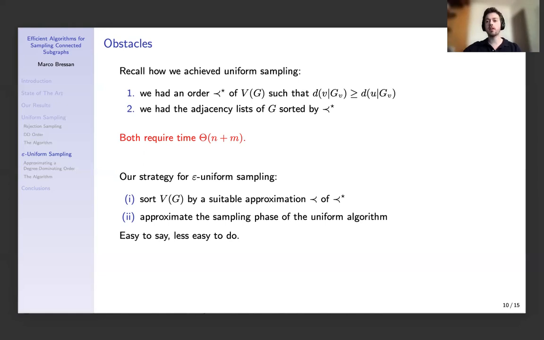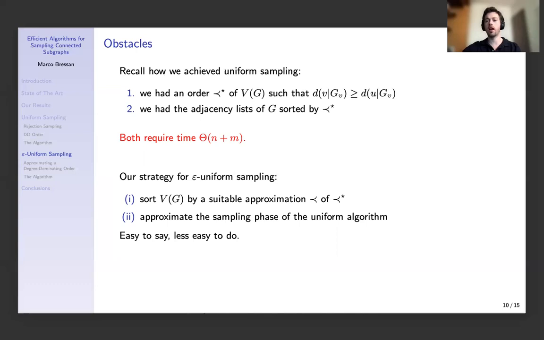Even more sophisticated attempts actually fail. The same holds when you try to mimic the sampling phase of G. For instance, you may say, okay, let's just try to compute the cuts between the current subset of nodes selected and the rest of GV. Let's compute the cuts up to a good multiplicative approximation. Well, that does not work.